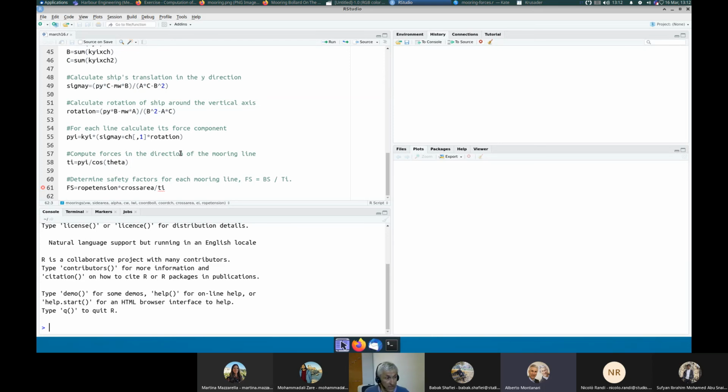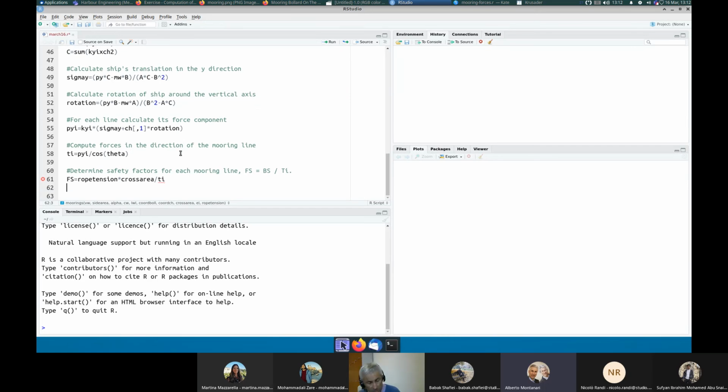At this stage, let me make another check, because I got to the computation of the safety factor. So let me write here, return fs, and then put here the right bracket. I want to look at the safety factors. Let me now redefine the function.